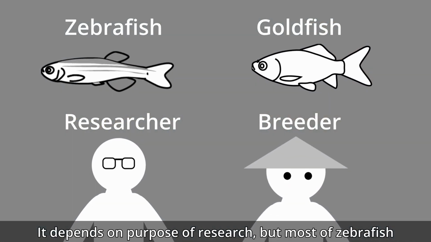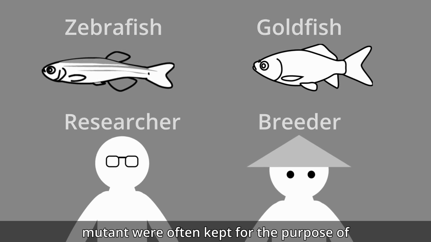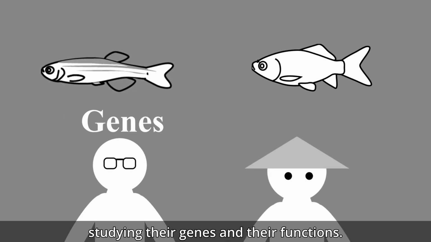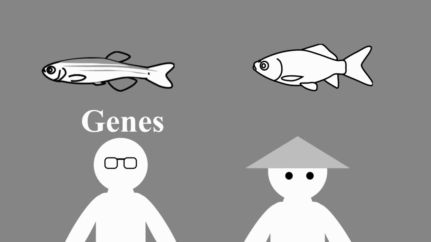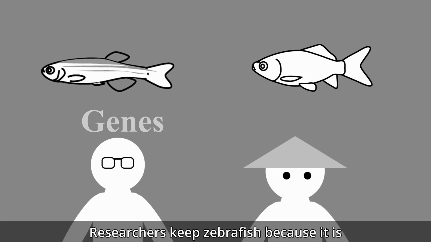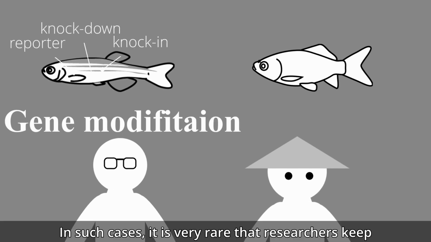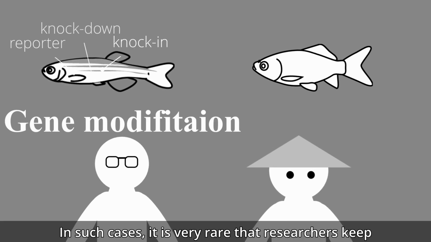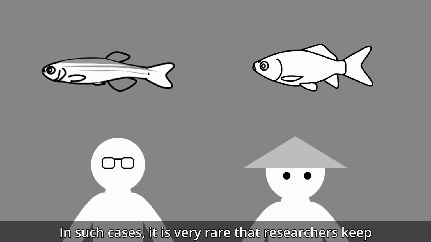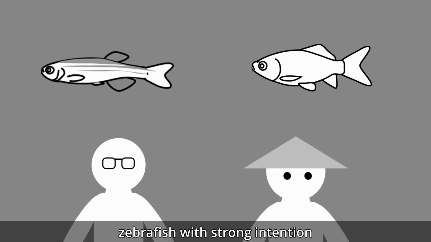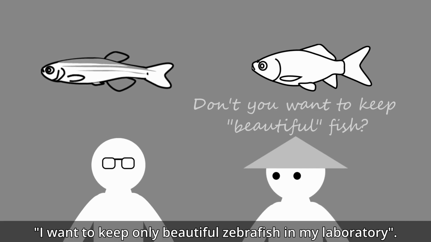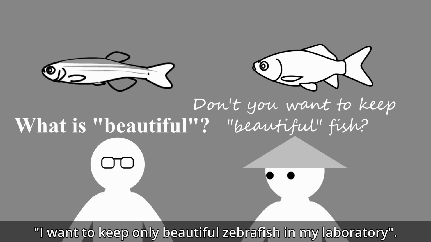It depends on the purpose of research, but most zebrafish mutants were kept for the purpose of studying their genes and their functions. Researchers keep zebrafish because it is easy to apply gene modification techniques. And in such cases, it is very rare that the researcher keeps zebrafish with a strong intention, like, I want to keep only beautiful zebrafish in my lab.